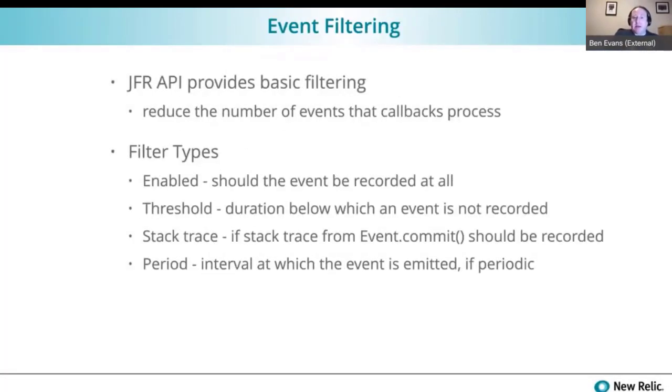Anyway, so that's the command line tool. As we've just been talking about, there's some basic filtering. So you can reduce the amount of time and effort that's required to process in callbacks or in handling files. And you can filter things to say, should the event be recorded at all? What's the threshold? Do you want to handle stack traces? One of the things that you probably may know about Java is that handling stack traces is really expensive.